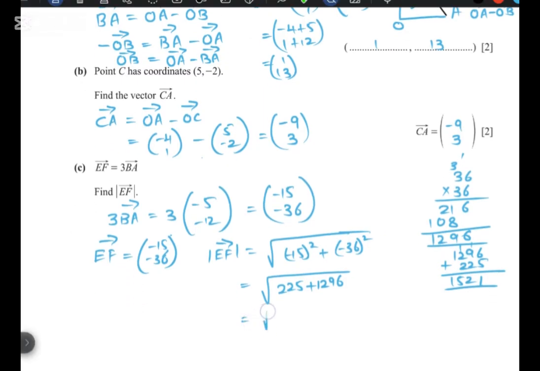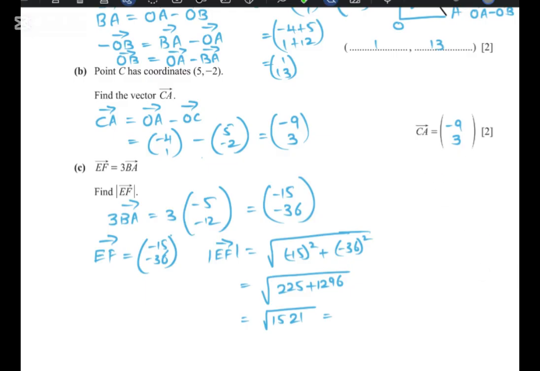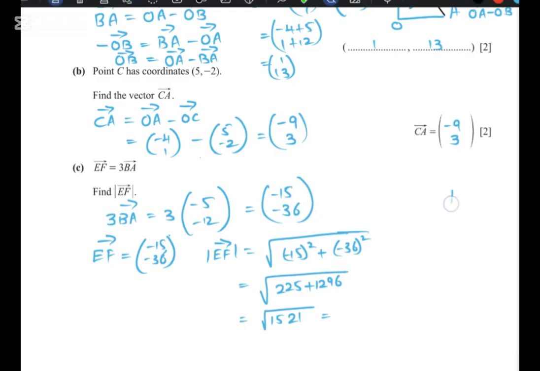So this is equal to the square root of 1521. Now find the square root of this number by prime factorization. Taking 3, 3 times 5 is 15, 3 zeros are 0, 21 is left, 3 sevens are 21.